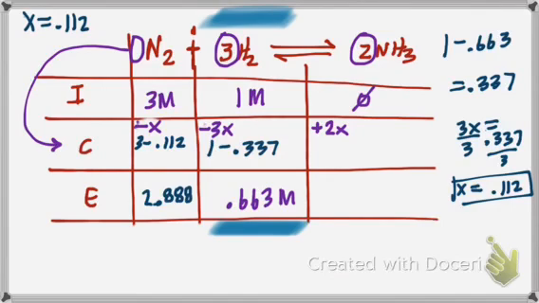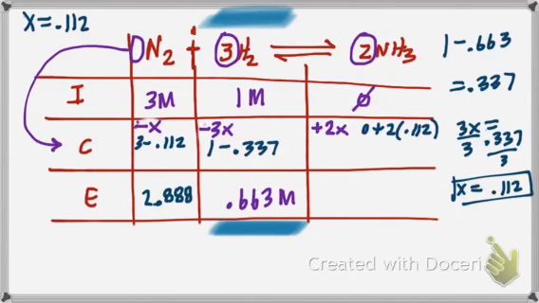That's how we found it. And then I've got to get to my NH3. Now instead of subtracting, I'm going to add. So it's going to be 0 plus 0.112 times 2.